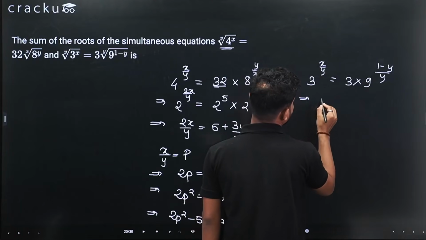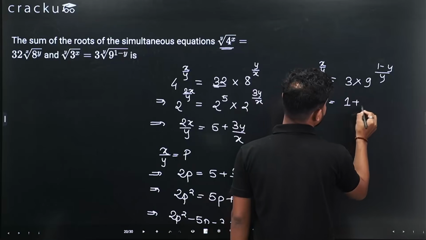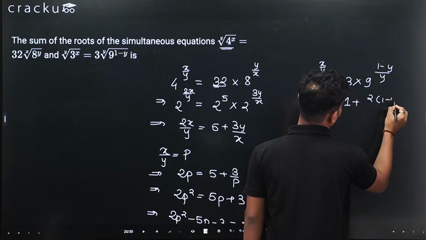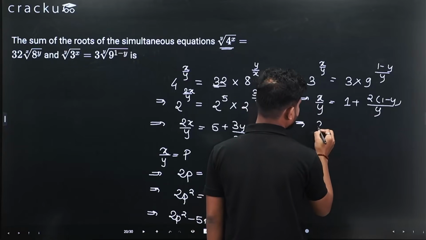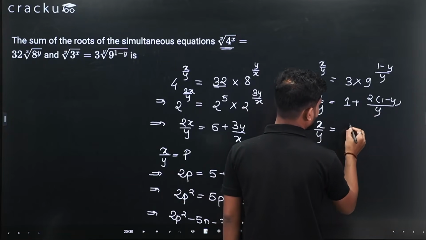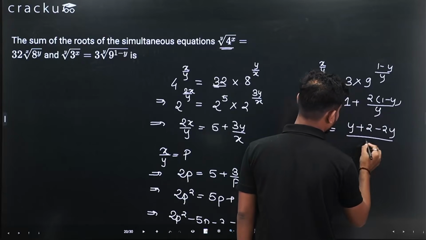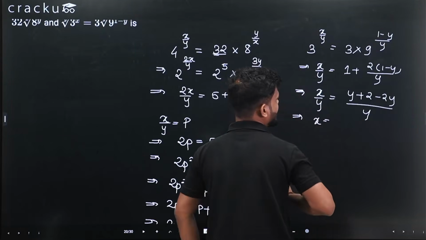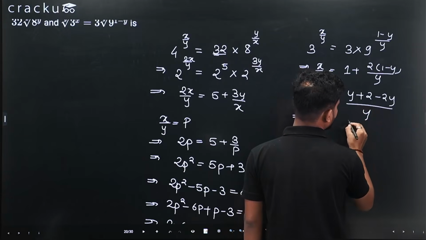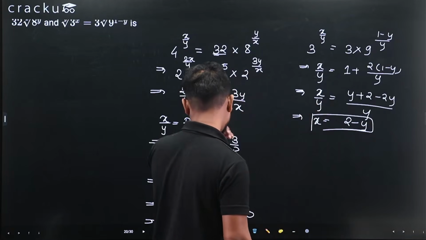From here I can say x by y is equal to 1 plus 2 into (1 minus y) divided by y, or x by y is equal to y plus 2 minus 2y divided by y, or x is equal to 2 minus y, right? x is equal to 2 minus y.